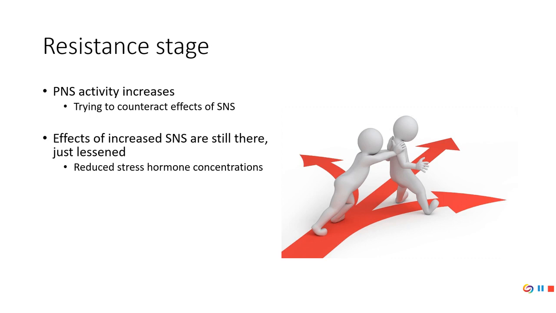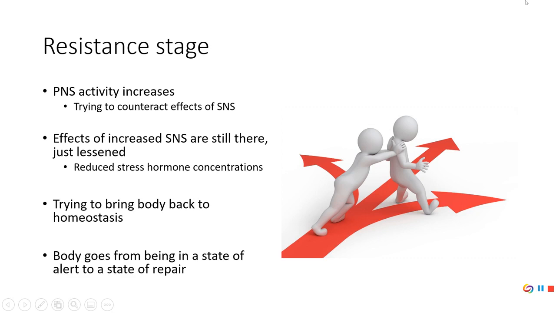High blood pressure is not a good thing. But if we're under stress, that high blood pressure can help us. And so we're trying to counteract that. Ultimately, the job and the goal is to bring the body back to homeostasis. And so that's what happens if we kick into the resistance stage. But kind of the difference is it's not red alert anymore. It's like, okay, let's fix what's broken or what's damaged.